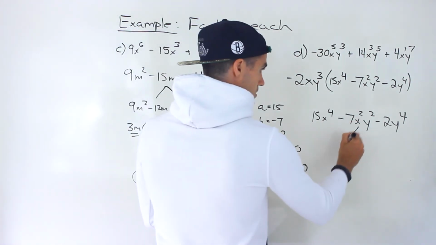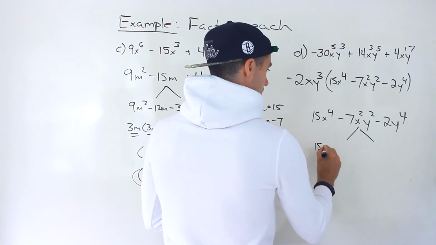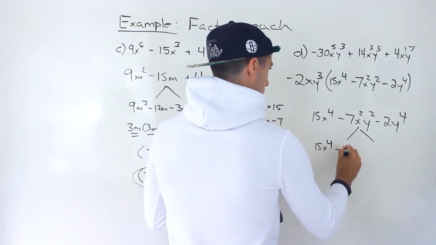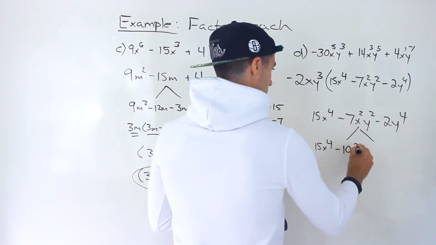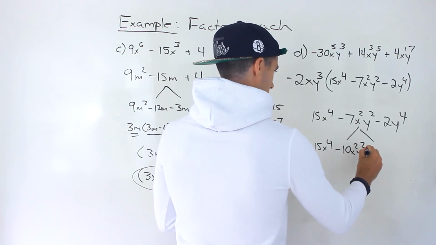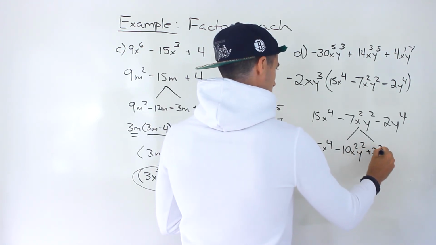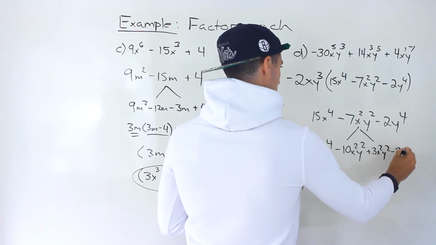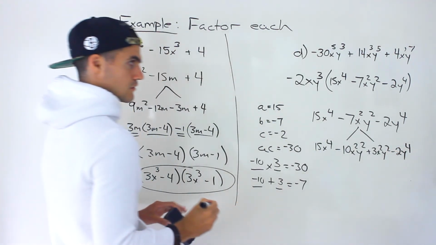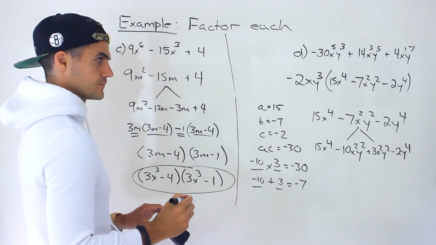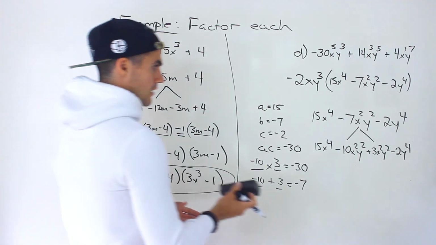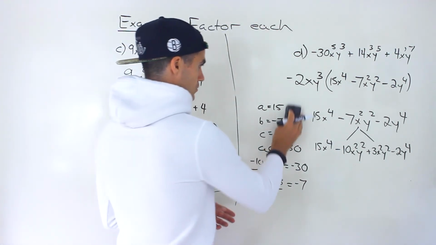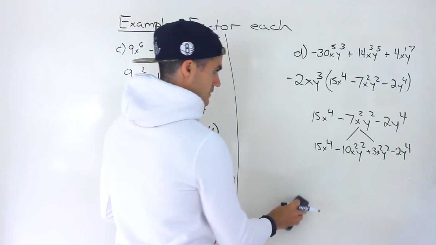So then we could take this middle term here, decompose it. Just be careful with these exponents. Don't forget them. Plus 3x squared y squared minus 2y to the 4, like that. Okay, and now we factor, so let me actually just erase this, give myself some room.